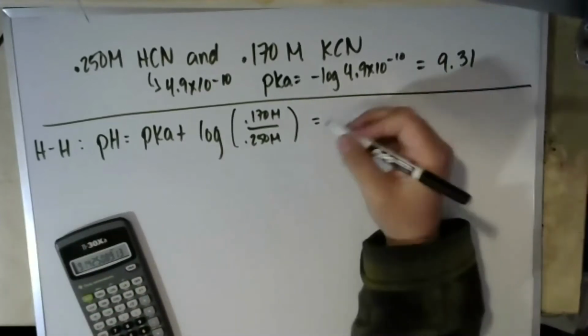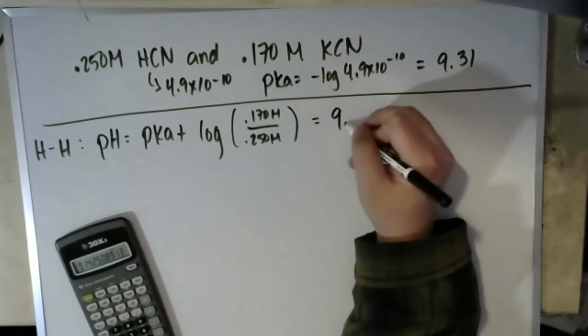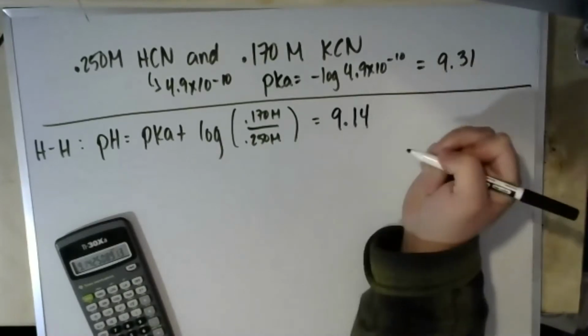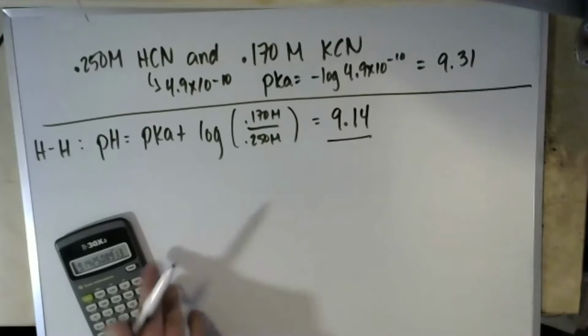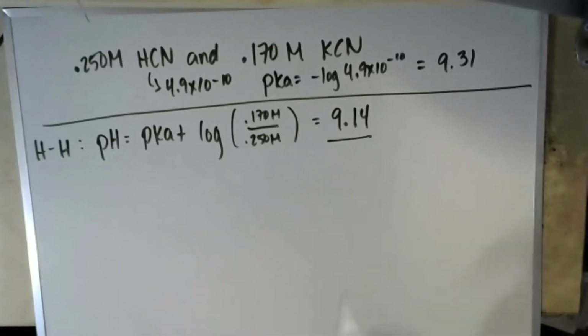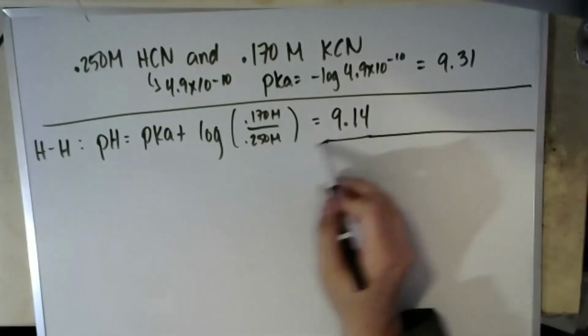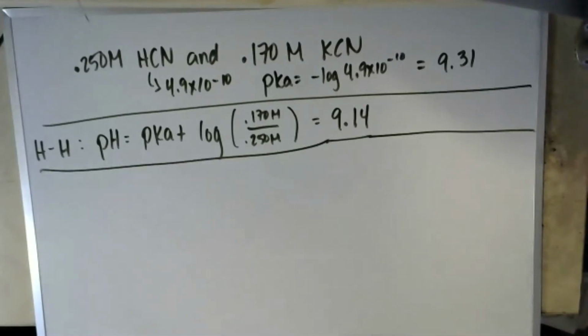So I get a pH of 9.14 using my Henderson-Hasselbalch method. And let's double check that with our ICE table method.